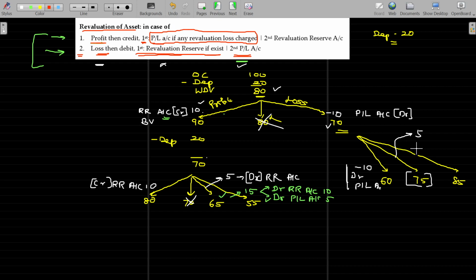So there is a profit. Verify, was any amount charged to the profit and loss account because of the loss? Yes, sir. Up to 10 rupees was already charged to the P&L account because of the loss in the previous year. To that extent, now when there is a gain, you have to credit it. To the extent of the P&L amount debited, it is going to be credited. So, this 5 rupees I am going to credit in which account? P&L account. Okay, credit in P&L account. Very simple.